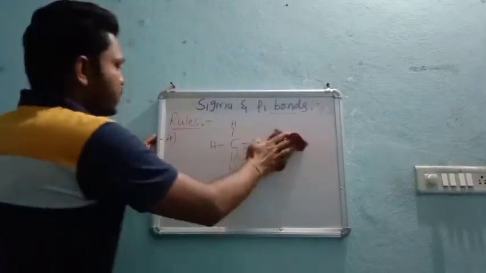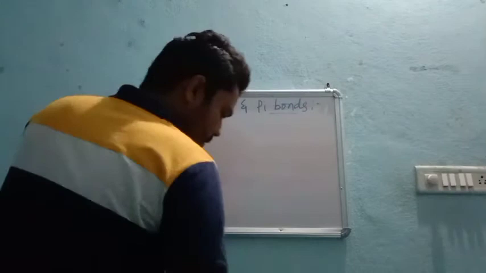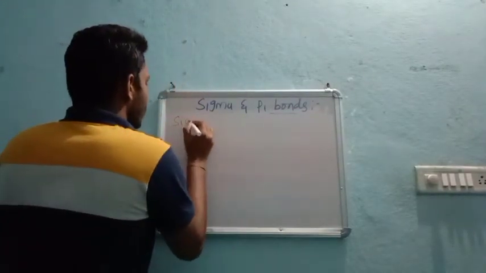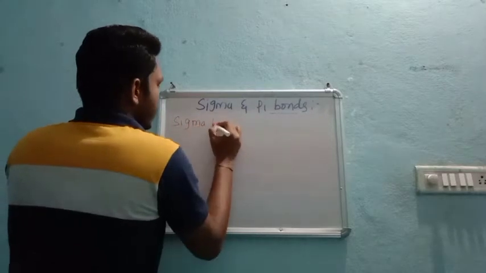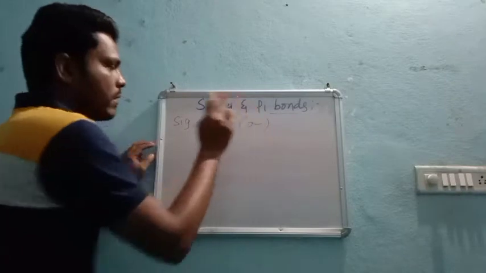Now let me define what a sigma bond is. Sigma bonds are denoted by sigma.